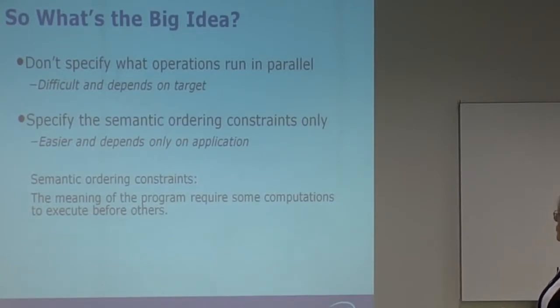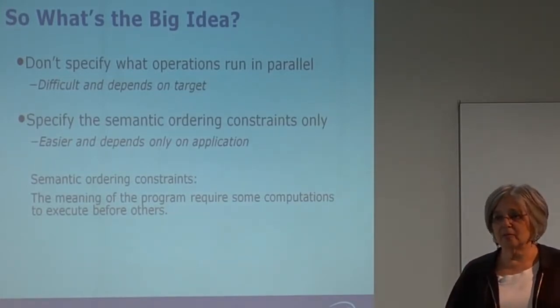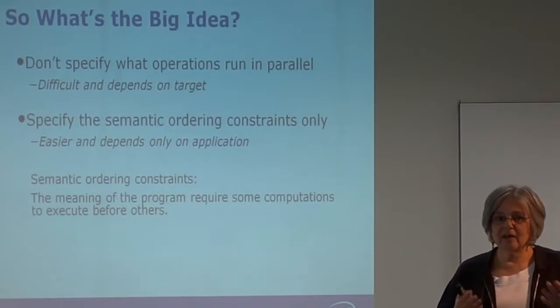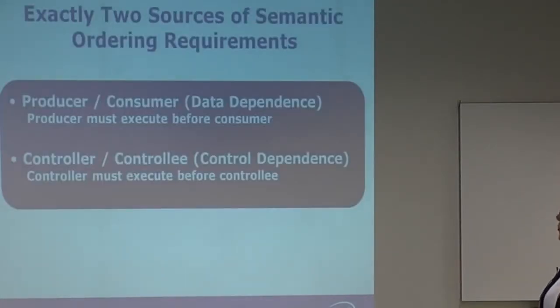So the semantic constraints, well, that's what I said. It's the meaning of the program. The application itself requires some computations to occur before other ones. It has some inherent ordering. So what are the two sources of these constraints? Well, there's the producer-consumer relationship.